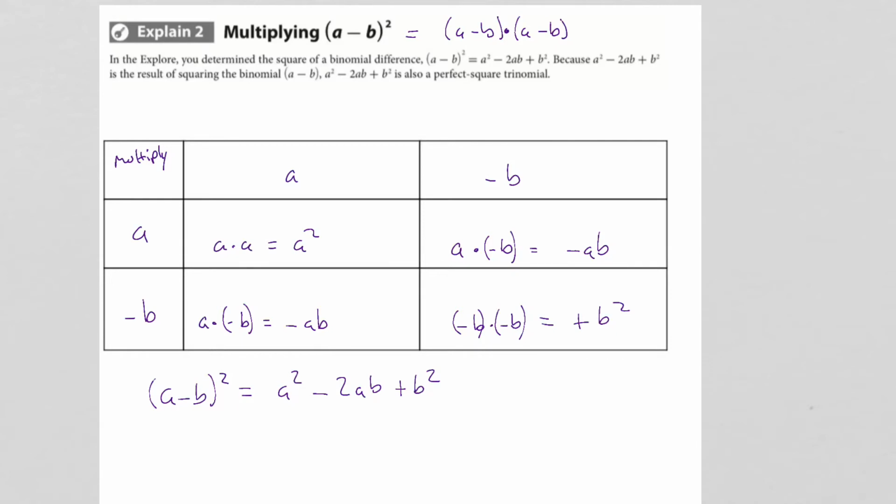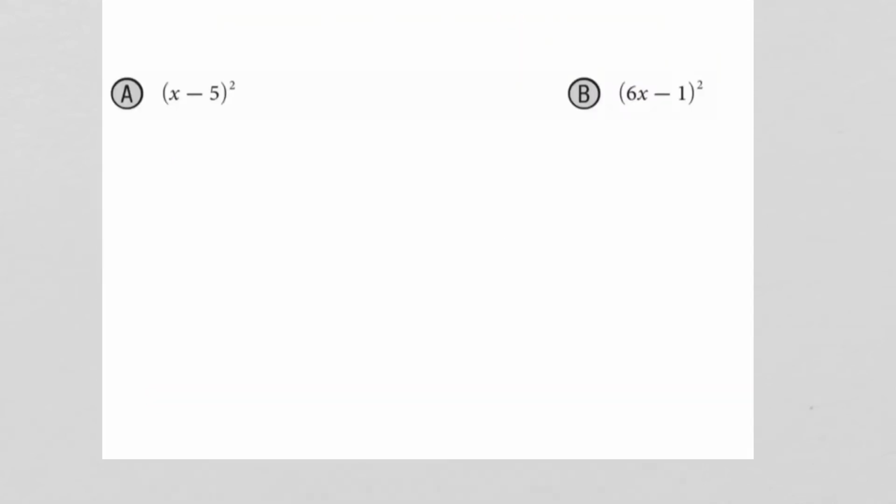So now let's see what that looks like with some actual numbers. Here we go. Remember, the formula is a² − 2ab + b². Here's our a, and there's our b. So what's x squared? And what's negative 5 squared?